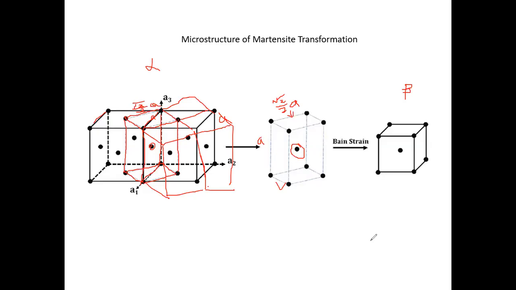And if I want to transform the structure from FCC to BCC, I have to deform this whole cuboid so that it actually goes to a cube. Does this make sense, everyone? Is this clear? Yeah, thank you. So the edge length is A. So this is basically our rationale.